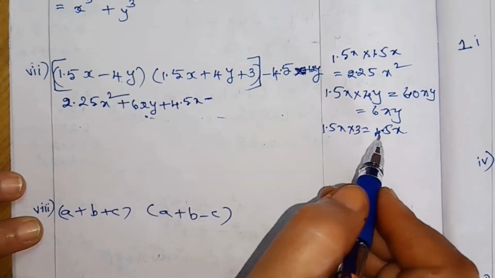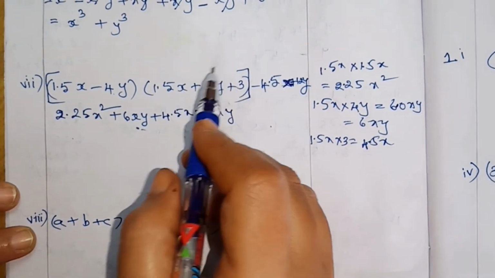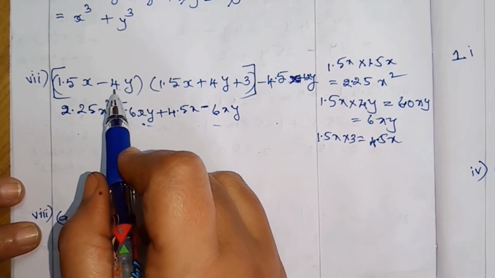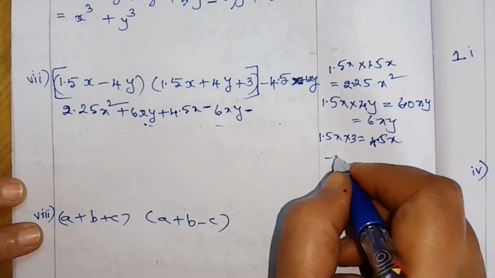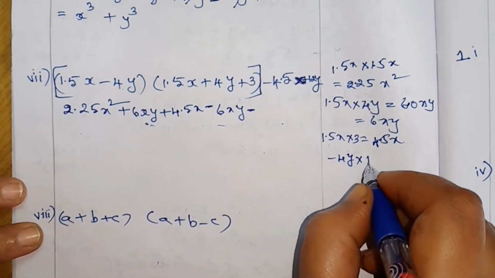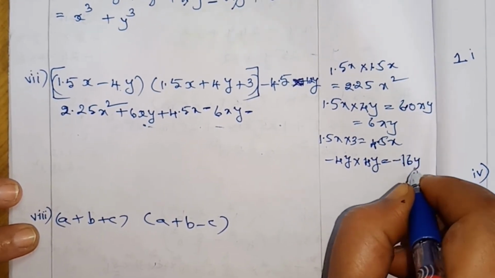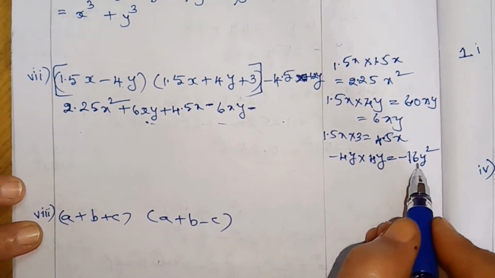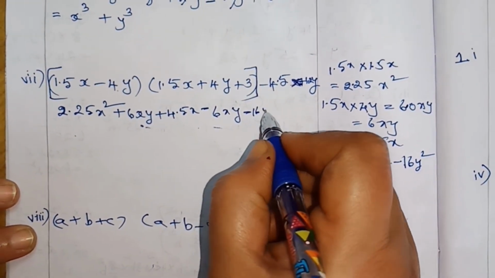As I told you just now, it becomes 6xy. Then minus 4y into 4y is equal to minus 16y square. So 4s are 16, y into y is y square. So it is minus 16y square.